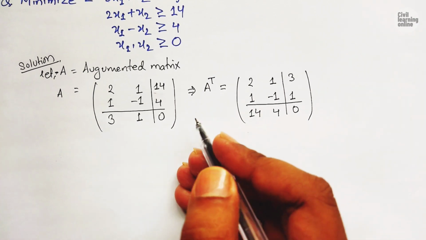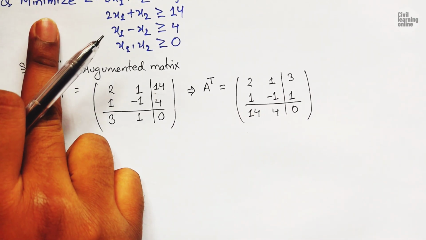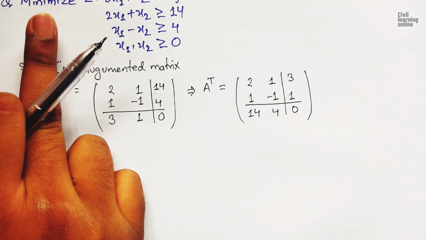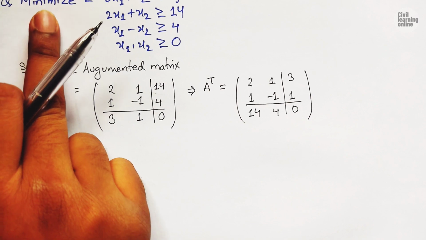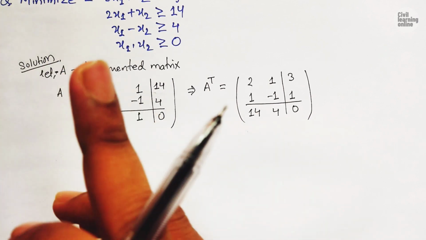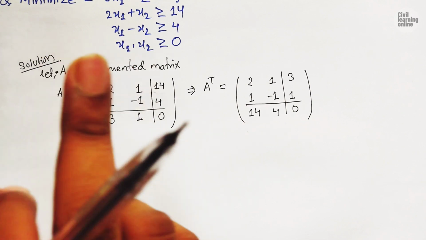So after finding the transpose, what we need to do is, here the question is to minimize, so we have to convert this minimize to maximize. For that we have to form the dual problem of the given linear programming problem.